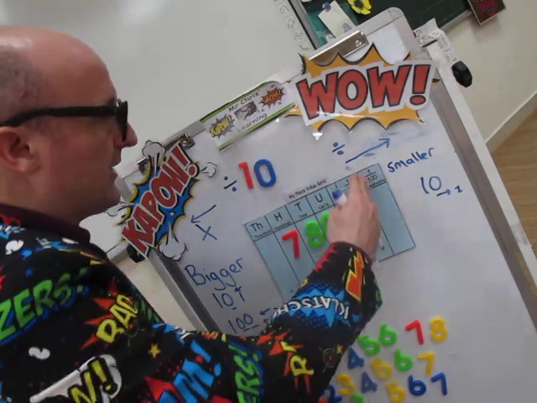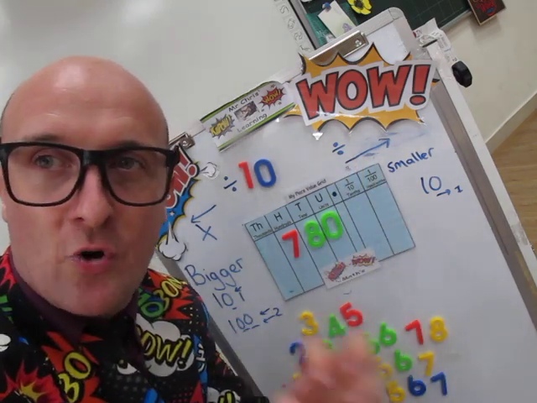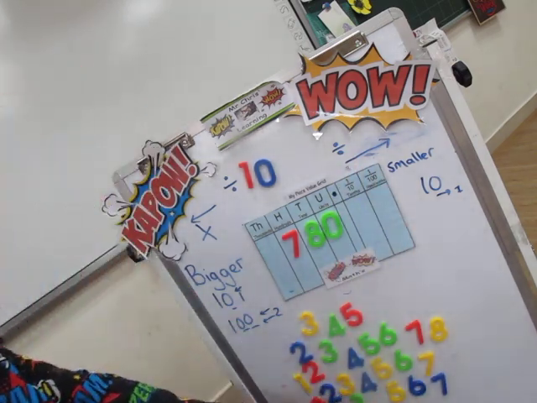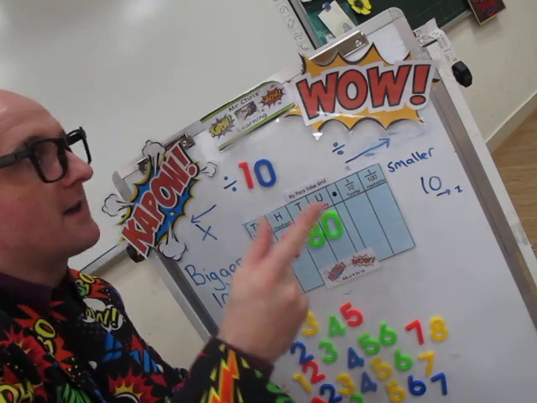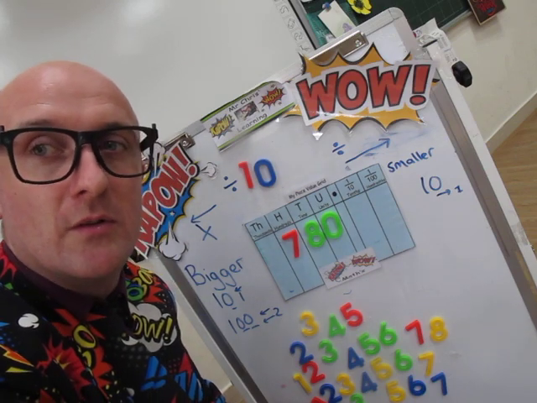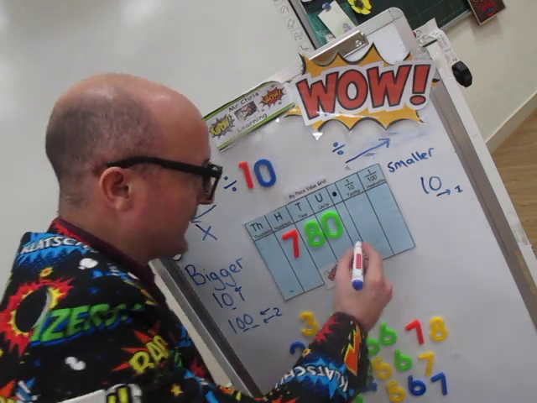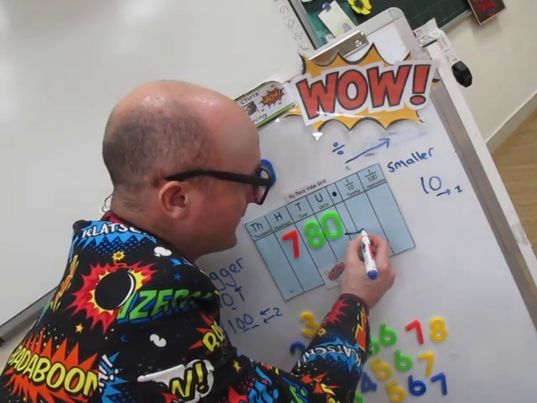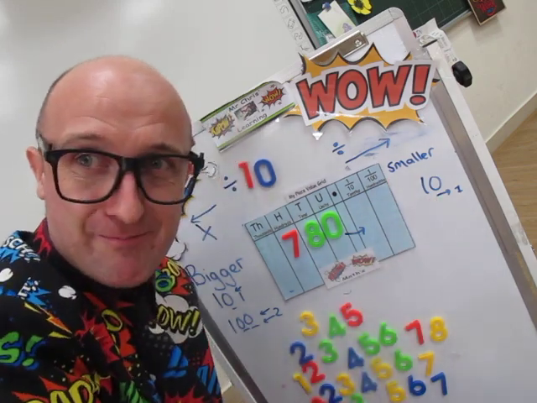So think about it, we're dividing by 10. Think of those golden rules. I love golden rules. Go, 3, 2, 1, 0. Let's see. Right, let's ask Madame Michael, what do you think? Oh wow, that's really good. She said we move it to the right once because we're dividing, which means it's getting smaller, and there's 1 zero in the 10.